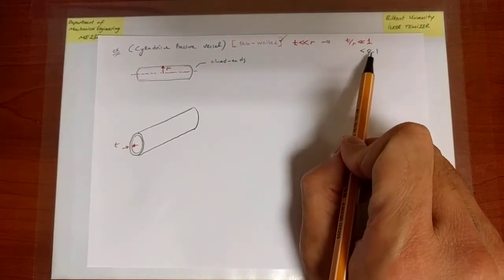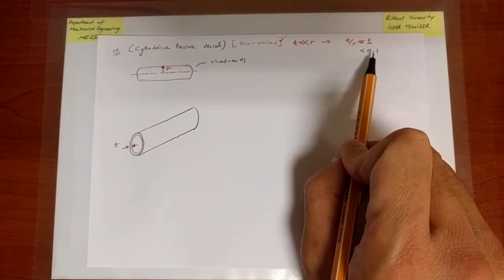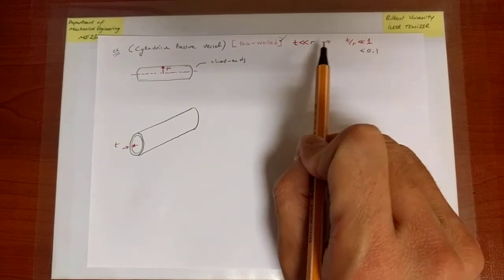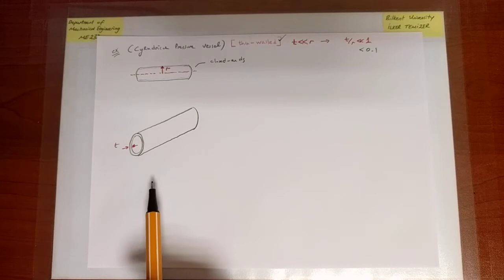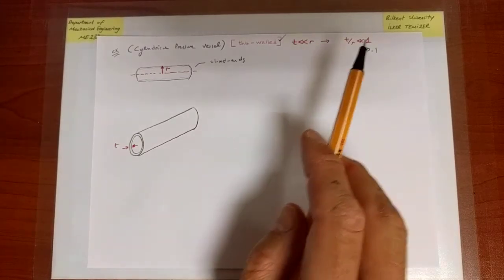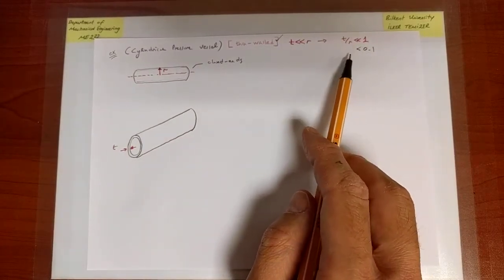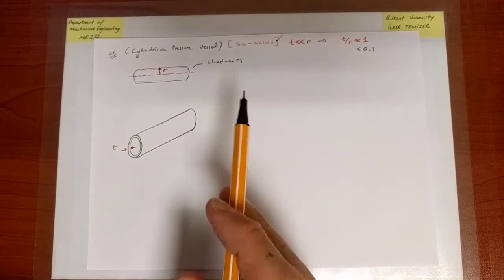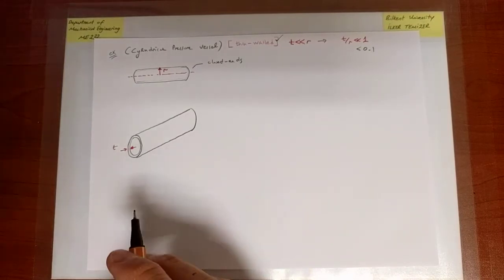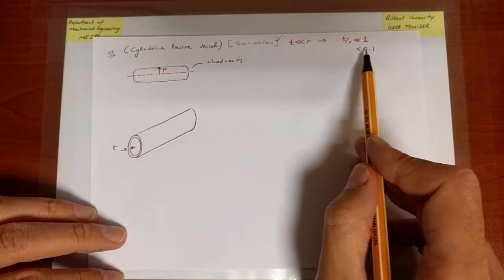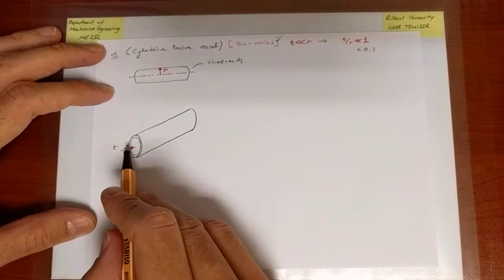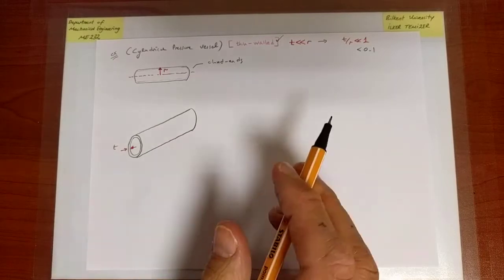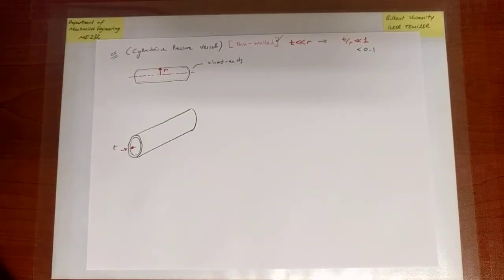If the T over R ratio is larger than 0.1, then the error you're making in the calculation of the stresses with this assumption starts to become significant, and you better not make use of that assumption. If the ratio is even smaller, then you're even safer. Your assumption will work even better. Okay, so that's the value that we're going to compare against presently. We don't know the values of T and R, so we're going to check that in a second.